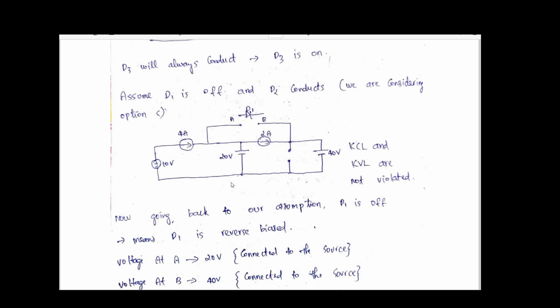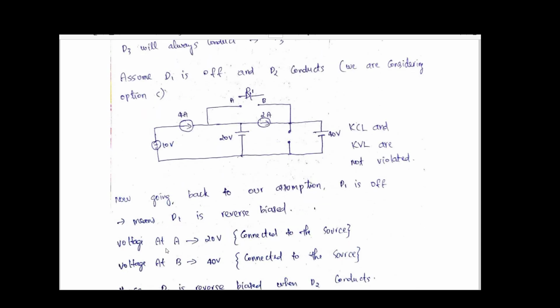So now we have to solve this circuit and check whether our assumption is correct or not. What was our assumption? D1 is reverse biased. That means A is having less potential than B. So we can check the voltage at A. It is connected to 20 volt. So voltage at A is 20 volt. Voltage at B is connected to 40 volt.